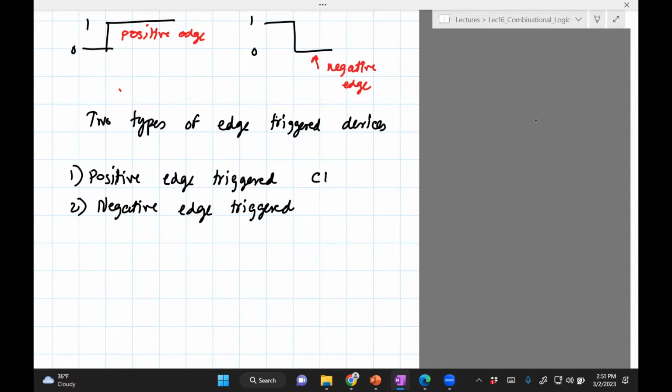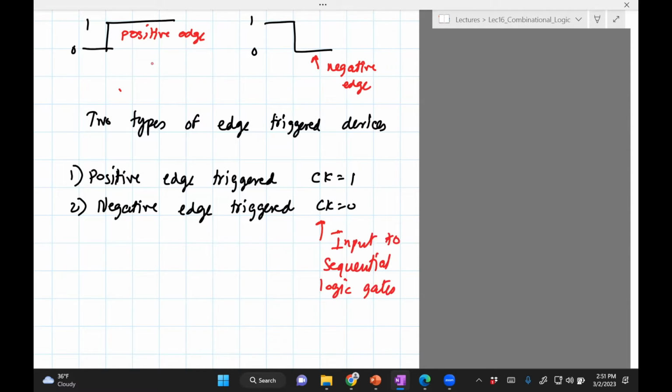Yes, so CK is the clock. So CK is 1, CK is 0. So these are inputs. Input to sequential logic.